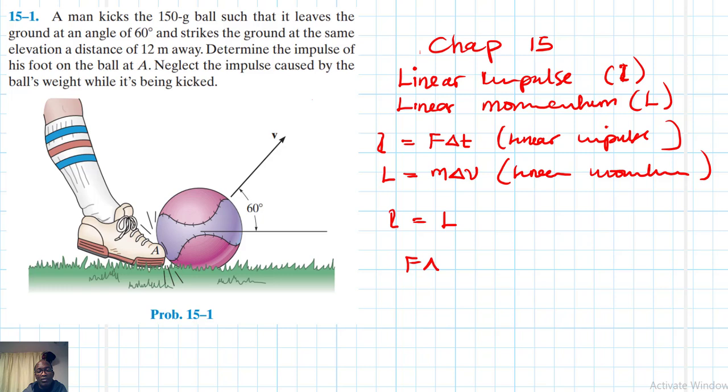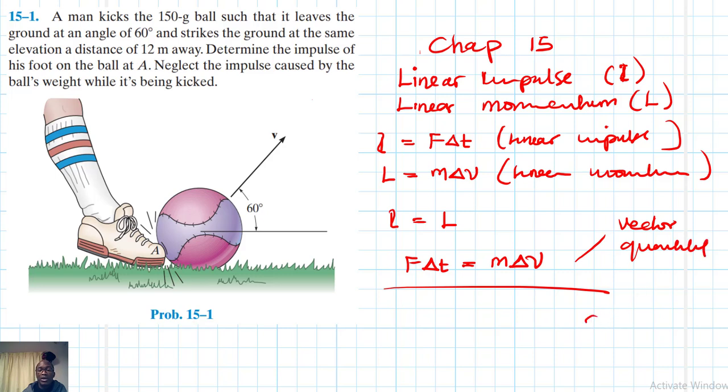So the applied force over a period of time, force times the change in time, is equal to mass times the change in velocity. And this is a vector quantity, by which we mean it has both direction and magnitude.